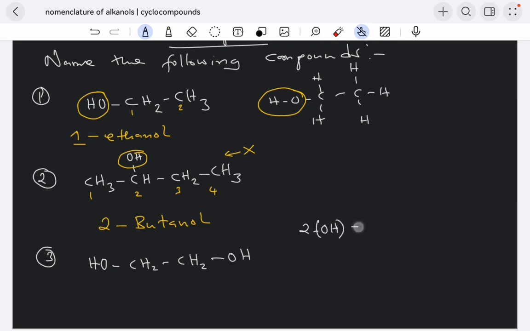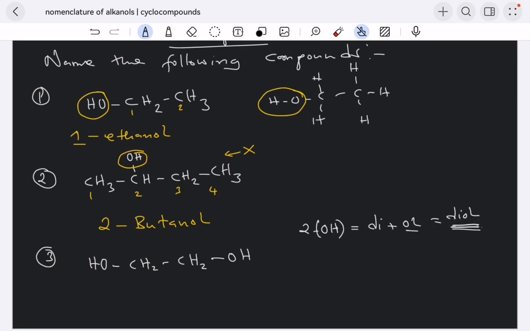In chemistry, 2 means di. Then we just add OL and it becomes diol. So every time we have the presence of 2 hydroxyls, we use what we call diol.